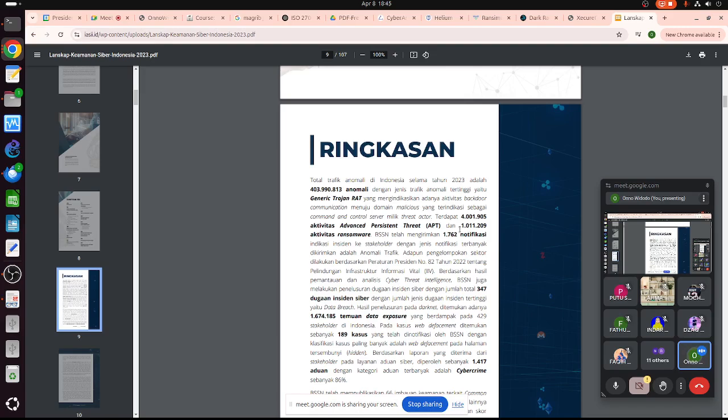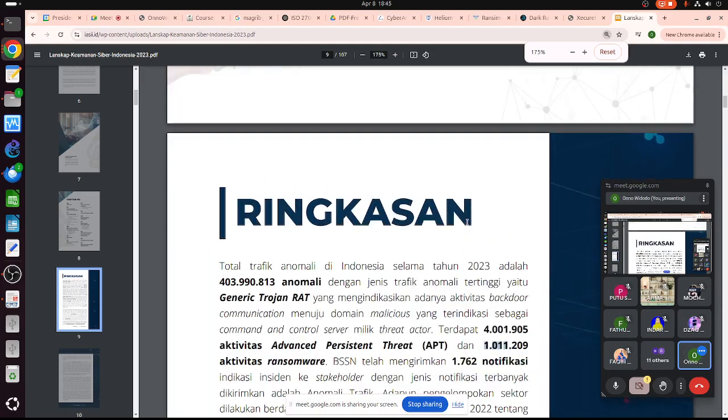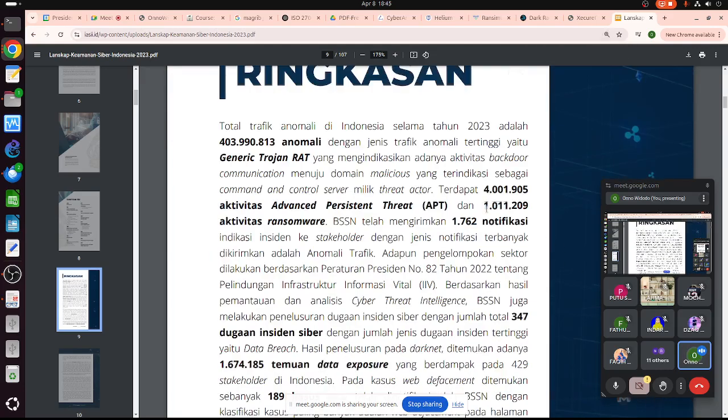And see this? We have 1 million ransomware activities in 1 year. That means many of the companies actually suffer from ransomware. Nearly many of them.